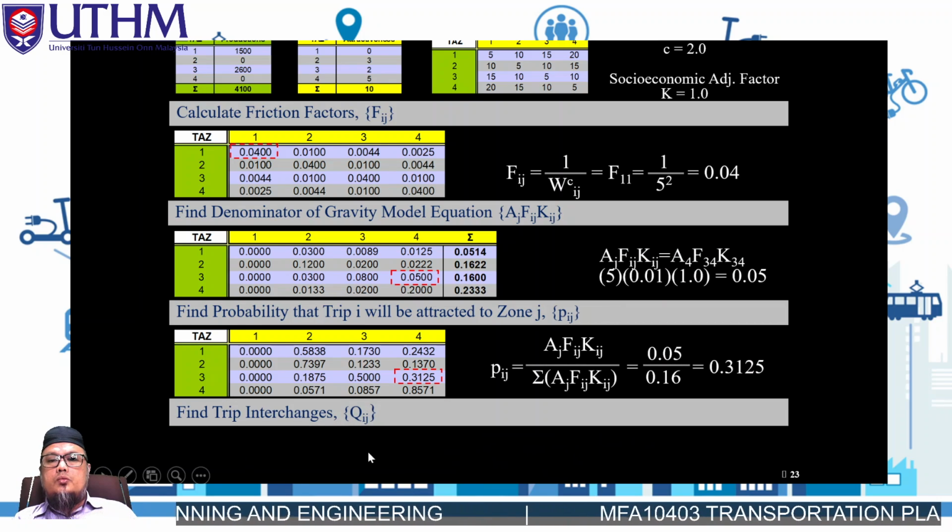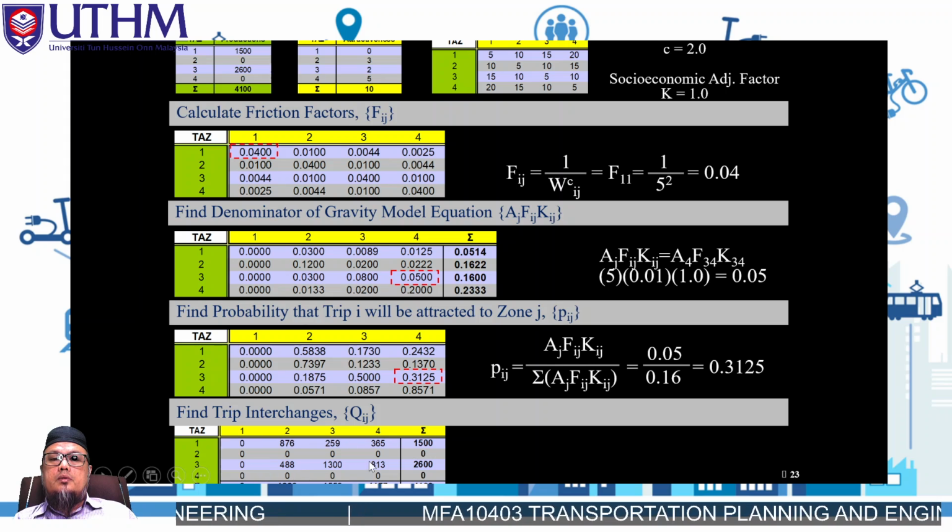Next, we're going to find Q, the last one, the trip set. This one is a trip distribution for the Q. So how to calculate this one? This one we just obtain from the Q that we calculated from the given value from here. So you just go back to check the calculation for the Q itself.